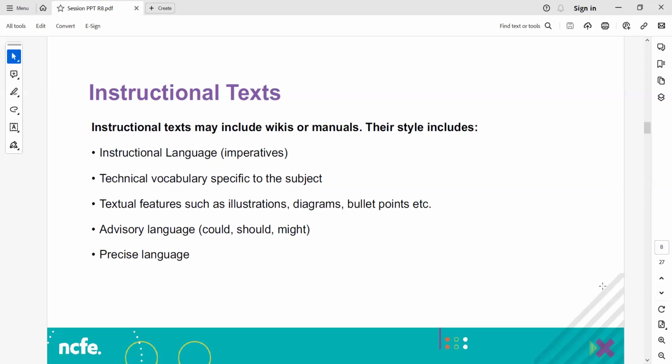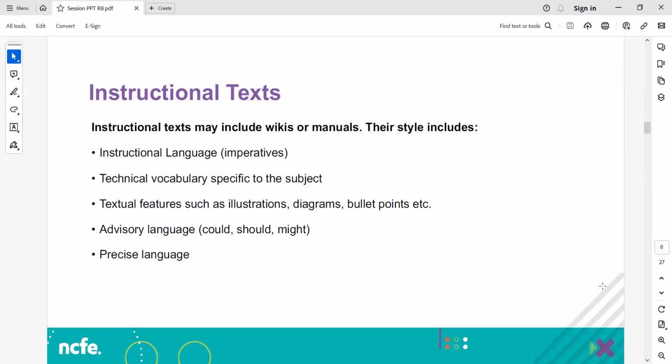So a set of instructions that we have looked at previously was about building some shelves, I think it was, and included terminology that would be familiar. So it's technical vocabulary familiar to a carpenter or a joiner, but wouldn't necessarily be understood by the general population.